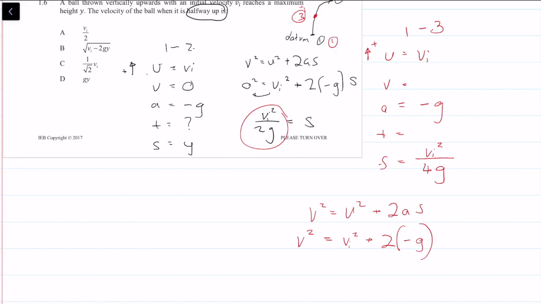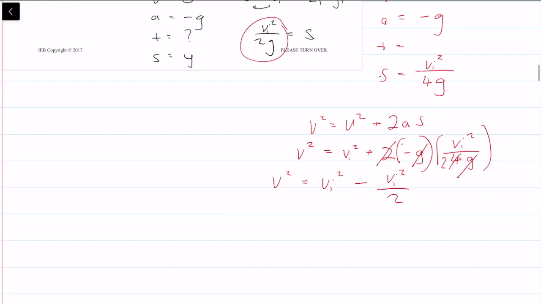What we know s is, is vi squared over 4g. These g's cancel, and the 2 cancels with the 4, so it becomes a 2. So we have v squared equals vi squared minus vi squared over 2.